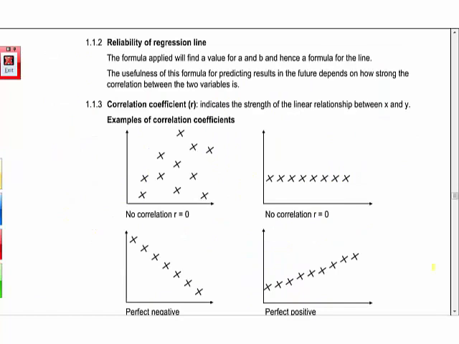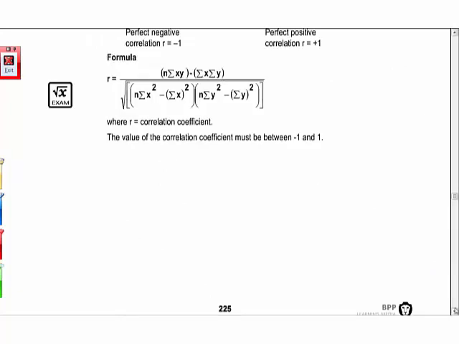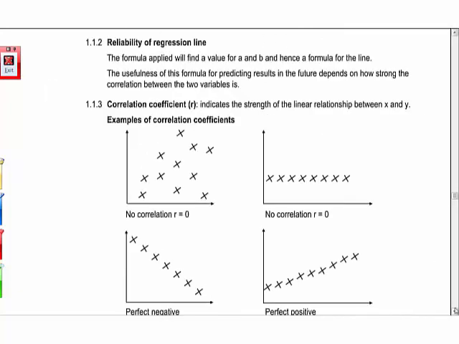How useful our regression line is is going to depend upon the correlation, which remember is the relationship between the two variables. What we've got here are some different graphs, and we need to think about the relationship between them. This first one has got R equal to 0, and that indicates that there's no correlation whatsoever. There's just a complete jumble of plottings.